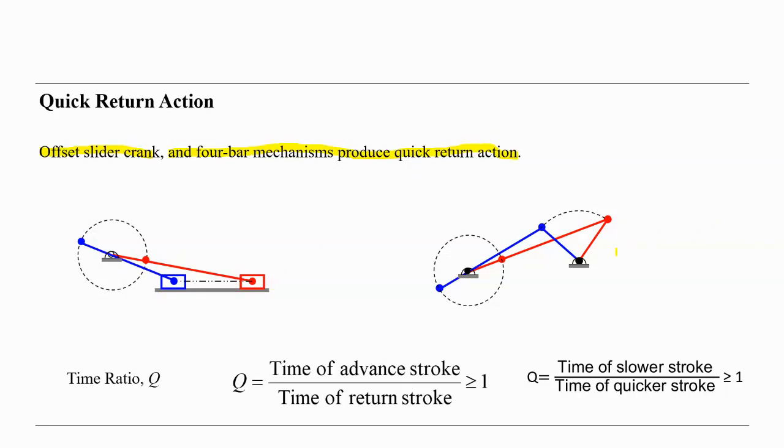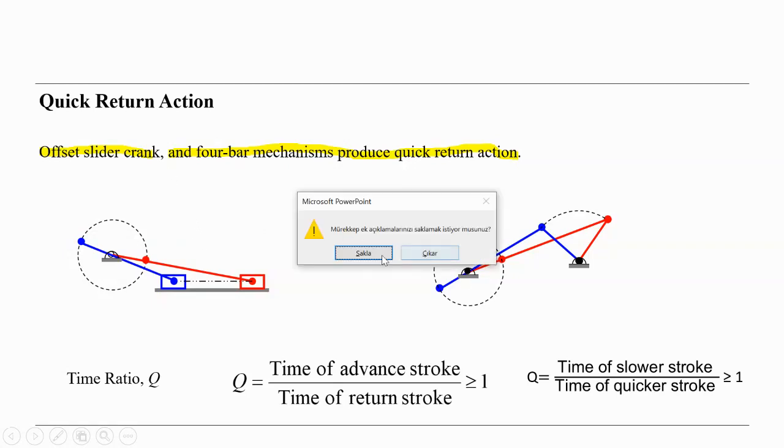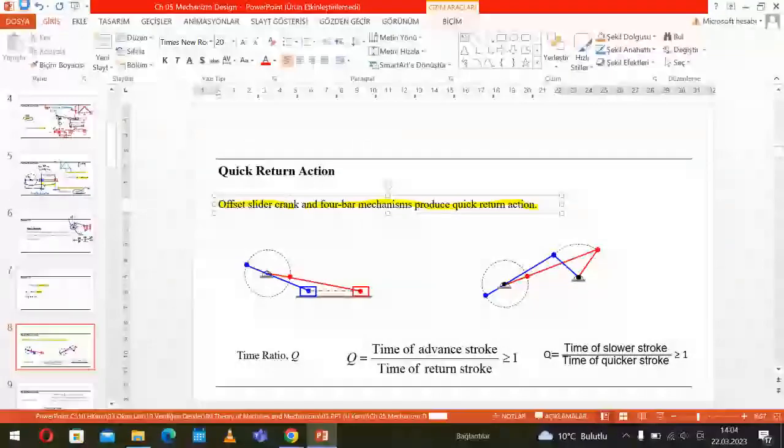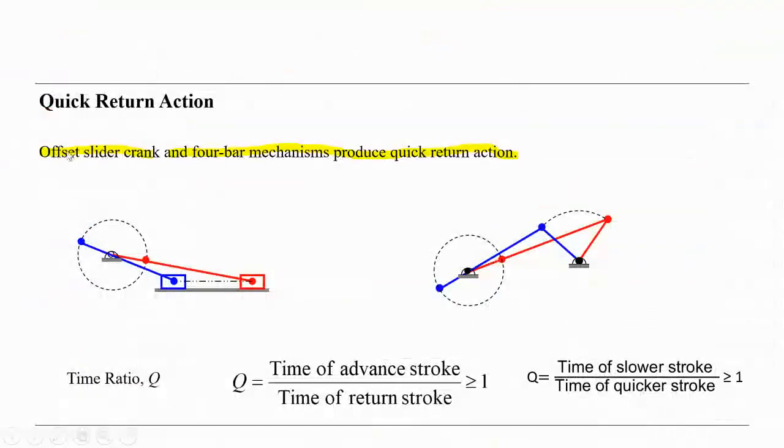So a quick return action is not possible with an inline slider crank, but it is possible with the offset slider crank.